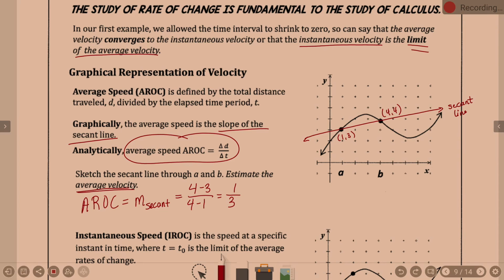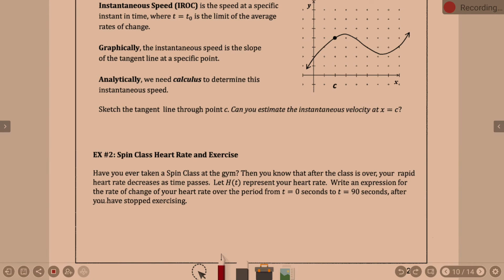Now, IROC. This is going to be on my next page. Instantaneous rate of change is the speed at a specific instant in time. We already talked about that, where t equals t naught is the limit of the average rates of change. Now, graphically, the instantaneous speed is the slope of the tangent line at the specific point.